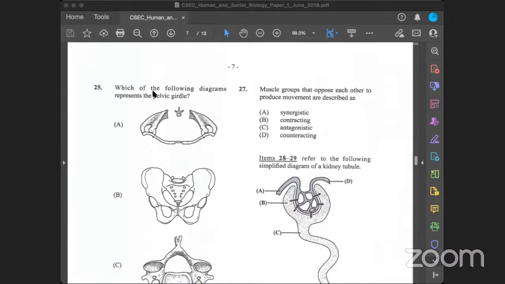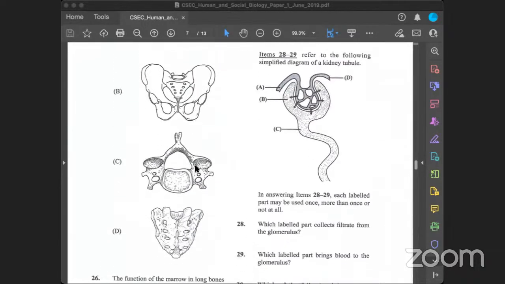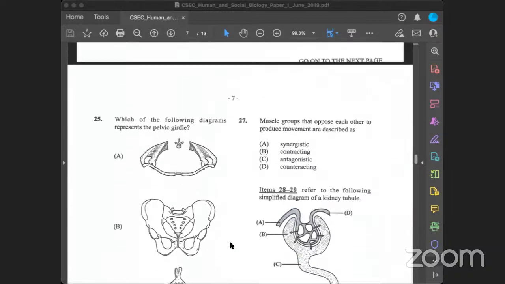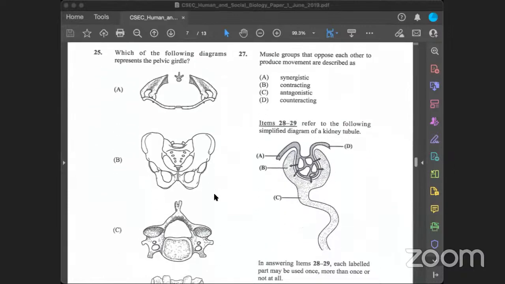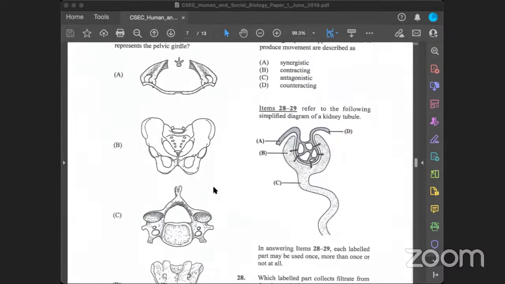Right? What's the pelvic girdle? They have lots of bones that look similar. But what bone is this here? Y'all can't recognize any of those bones? So, this is your pelvic girdle here, the bones of your pelvis or your waist.